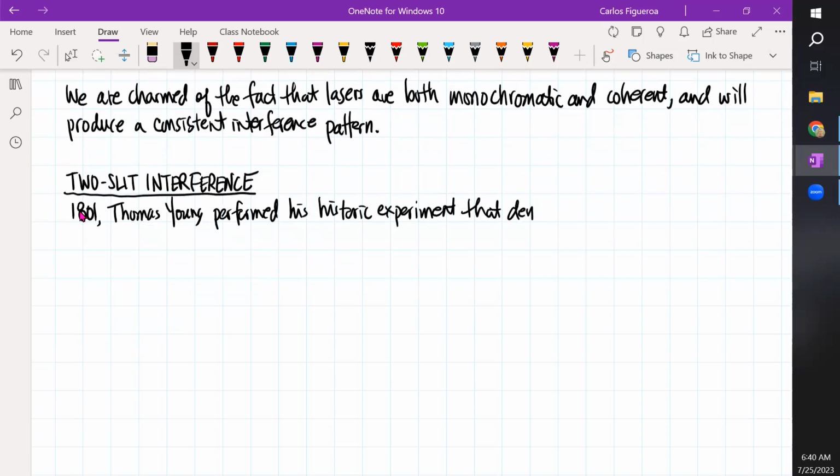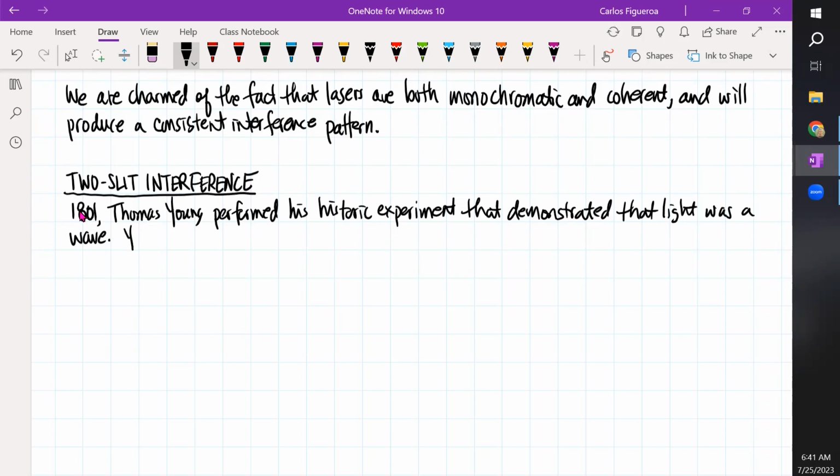That demonstrated that light was not a particle, but that light was a wave. Before that, Newton had a model that claimed that light was particles. But Young showed that you couldn't explain this nature of light without using waves.